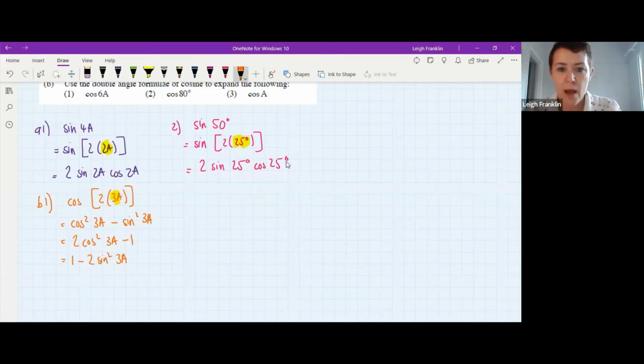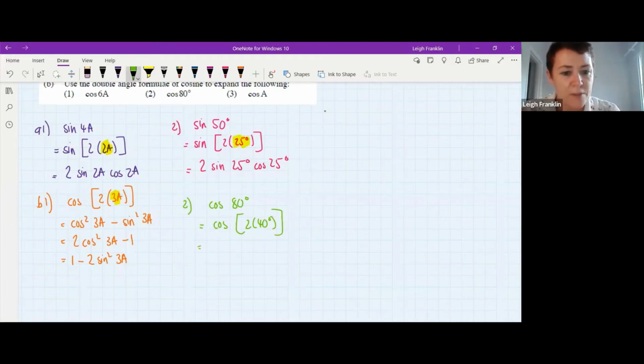Okay, and then the last one, this is with a number now. Let's choose a different color. Let's go with green. This is number 2. Here we've got the cos of 80. Now, 80 is double 40. Exactly. So I can write this as the cos of 2 times 40 degrees.